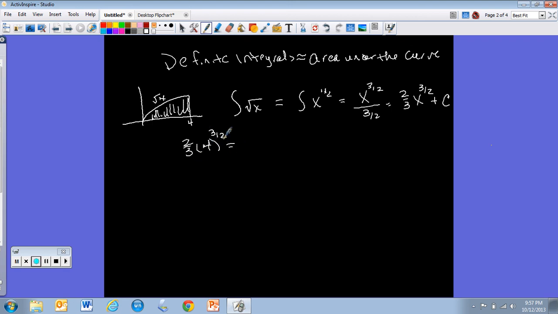I'm going to do the square root of 4 first. So square root of 4 is 2. 2 cubed is 8. And then we're doing 2/3 times 8, which is 16/3, okay? Now, if you haven't already flipped back to what we did last week, look at all the different approximations that we had written down for the square root of x.